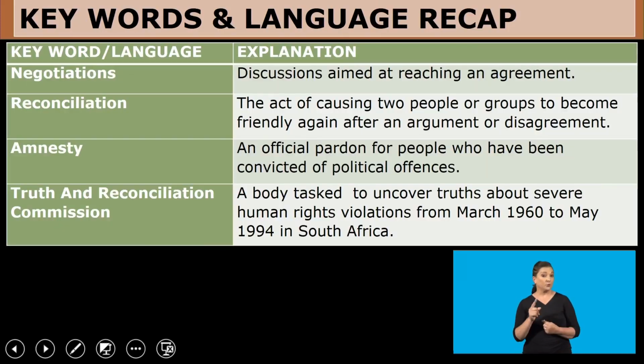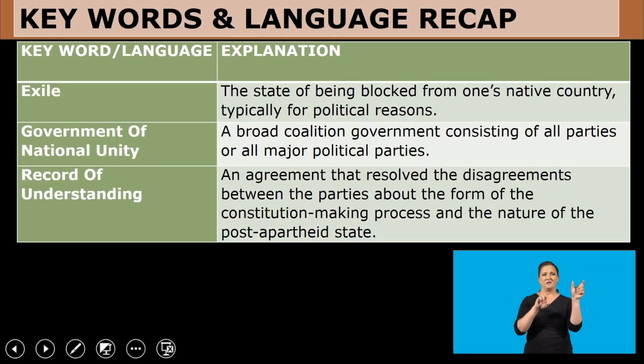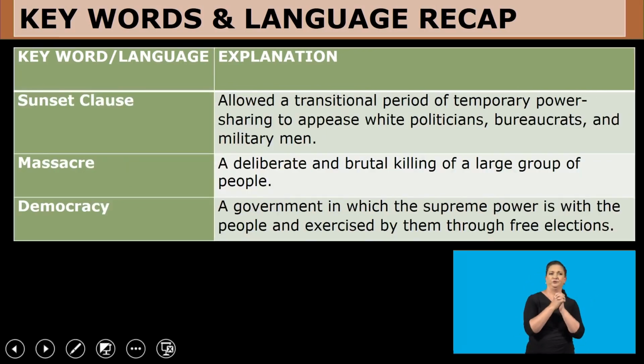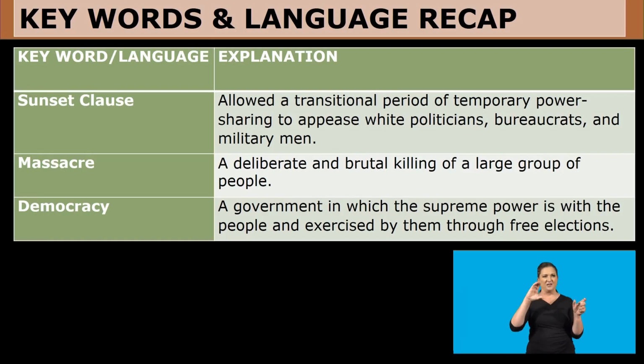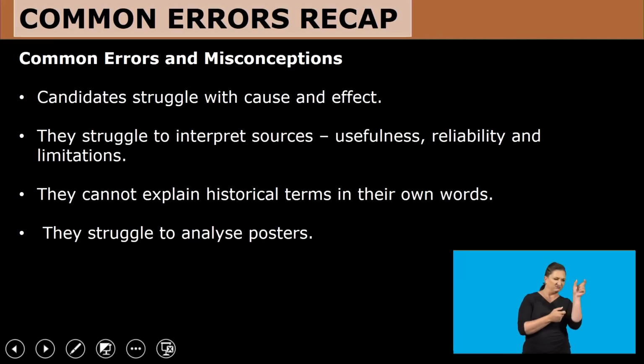And then we also looked at the different keywords that go with this theme, from negotiation to reconciliation, amnesty, Truth and Reconciliation Commission, exile, Government of National Unity, Record of Understanding, Sunset Clause, massacre, and democracy. Please make sure that you know these and you are able to define them in your own words.